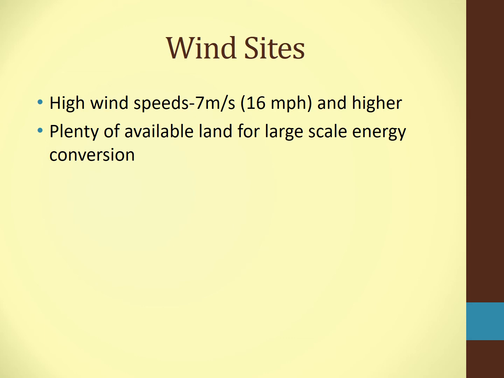There has to be lots of land available to get a large scale of energy conversion. Now, there are a few downsides or costs to this wind power. This can affect farmers who need their land to grow crops. Also, the wind turbines can be placed on land that animals use for grazing or land that is of no use to farmers.